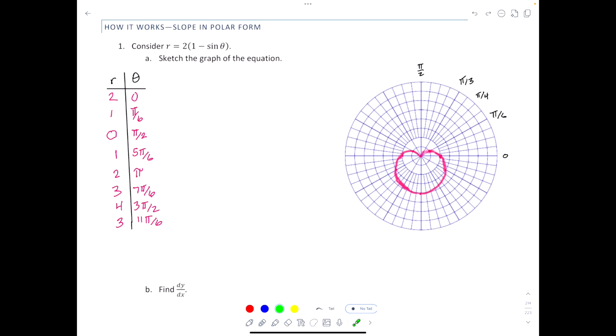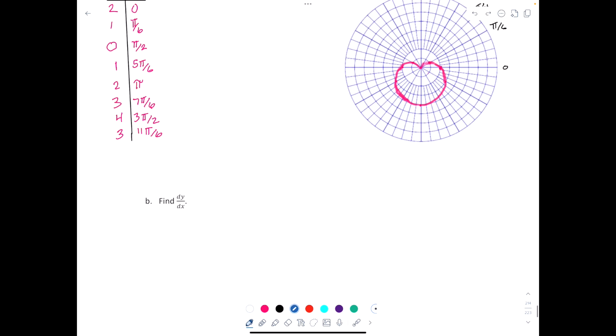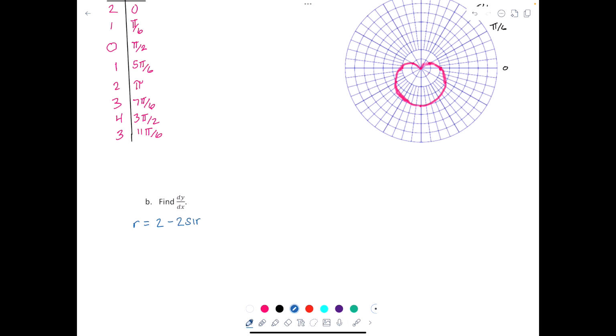Working with our limacon, our next challenge is to find dy dx. So r equals, I'm going to write it as 2 minus 2 sine theta. And so let's write this as f of theta.